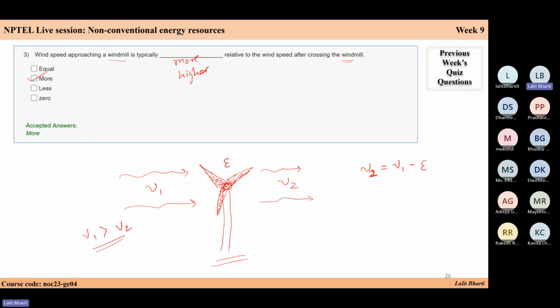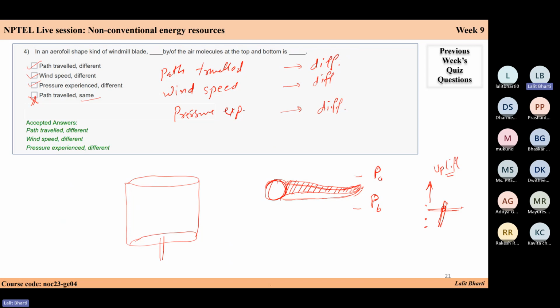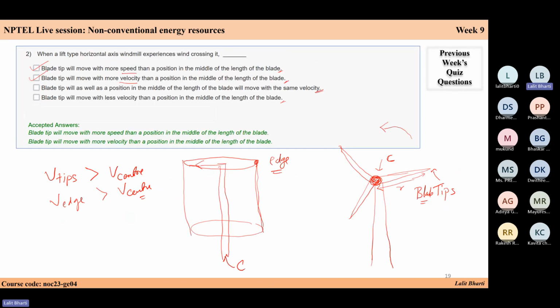These are the previously discussed questions, most of them based on wind turbines and windmills. The second question is: when a lift type horizontal axis windmill experiences wind crossing it, the blade tip will move with more speed than a position in the middle of the length of the blade.